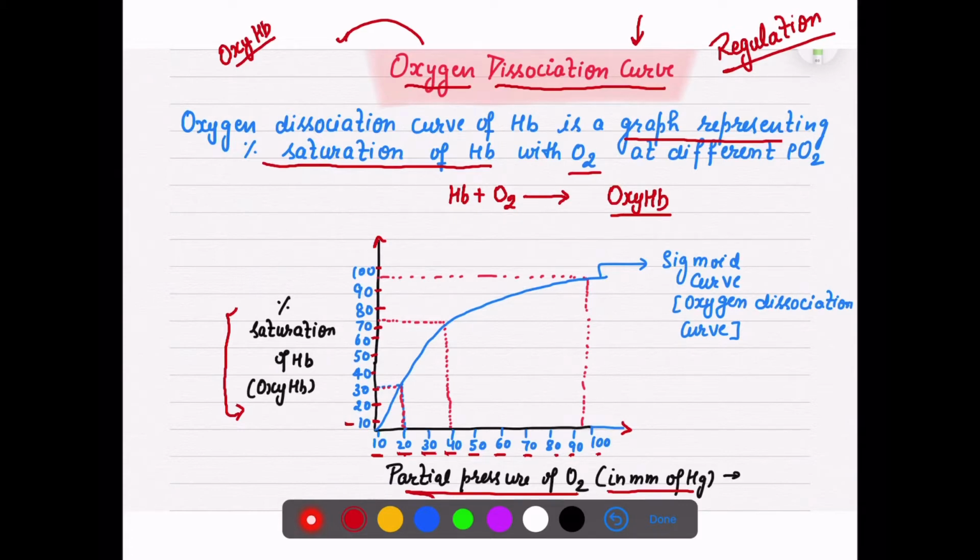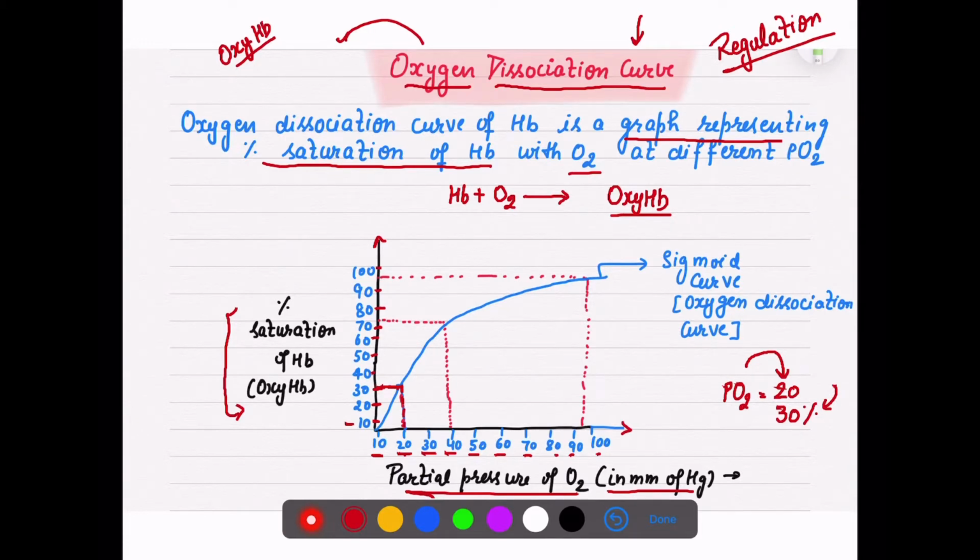First, just look: if partial pressure of oxygen is 20, what do you think the saturation of hemoglobin with oxygen is? That is 30%. It means when partial pressure of oxygen is 20 during the exchange, then 30% of hemoglobin is going to combine with oxygen.